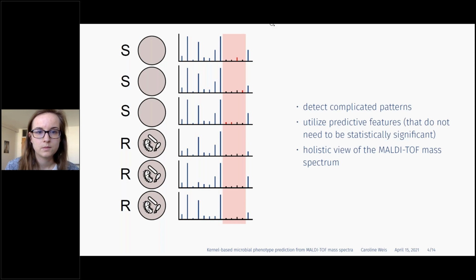Also here, for example, there is a group of peaks that you can use in a combined fashion to indicate susceptible samples. So machine learning is able to detect more complicated patterns across the spectra and utilizes predictive features that are not individually necessarily statistically significant. So you get a more holistic view of the entire MALDI-TOF mass spectrum, and that is quite powerful to predict properties of the strains.